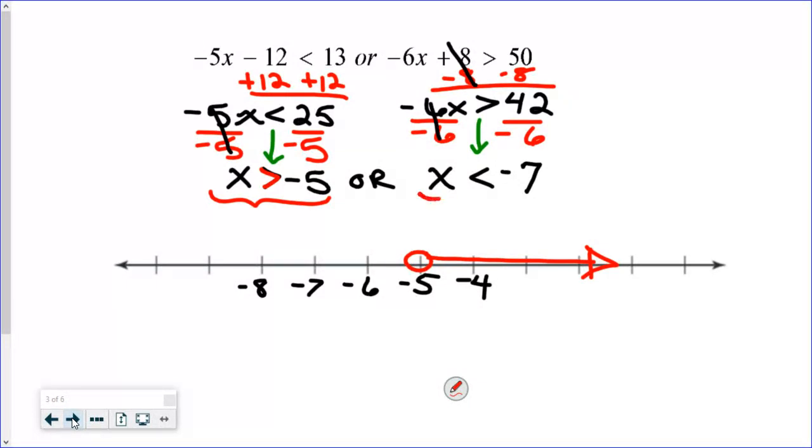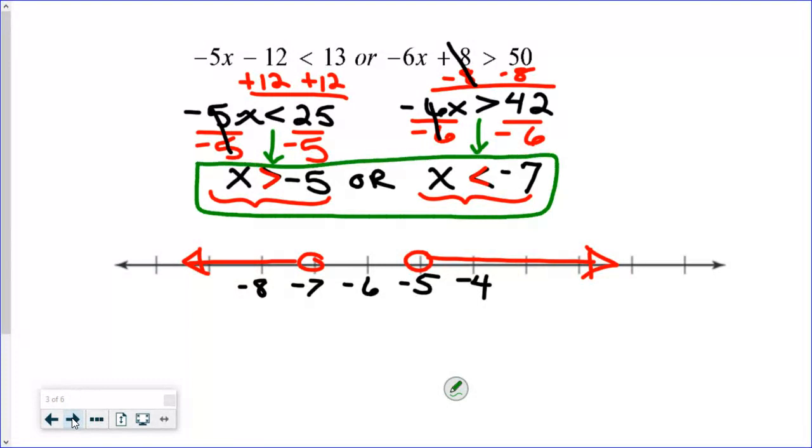And then look at this part, and it's an "or," so we shade all of it. Hollow circle and an arrow going the other direction, because that's what it is. But again, this whole thing is your solution, and then we have the graph of the solution.